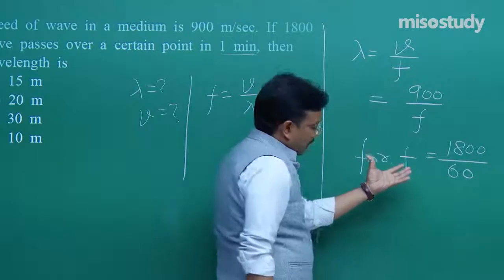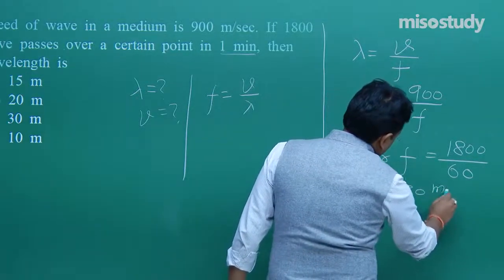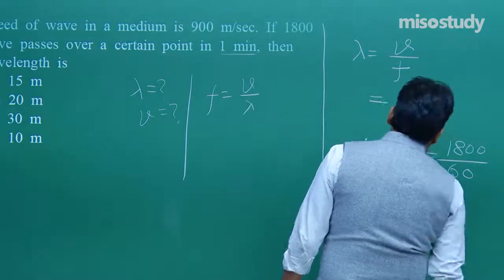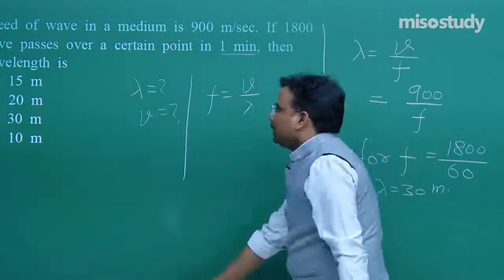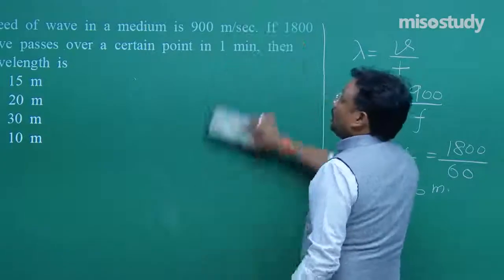Put the values and you will get lambda as 30 meter. So, as such, these things are not difficult; basic formulae applied, and then you can easily find the correct solution.